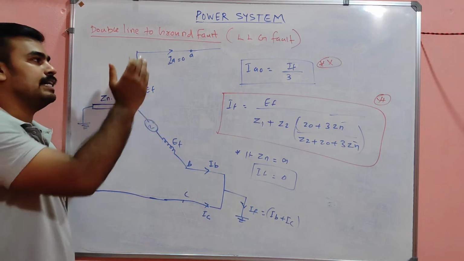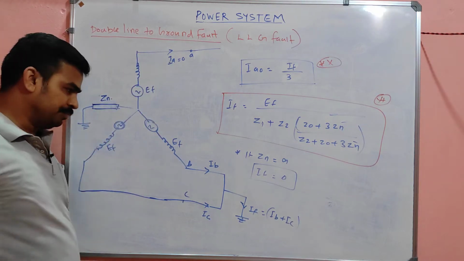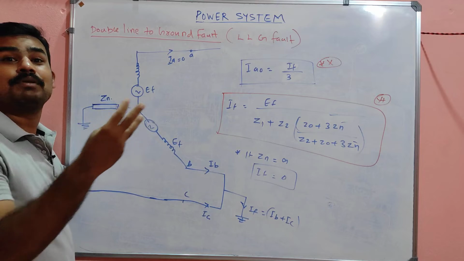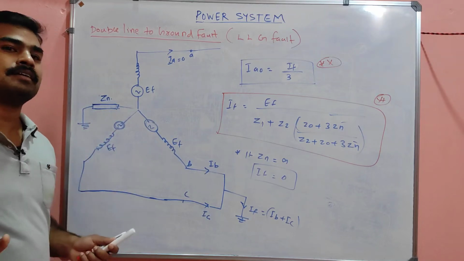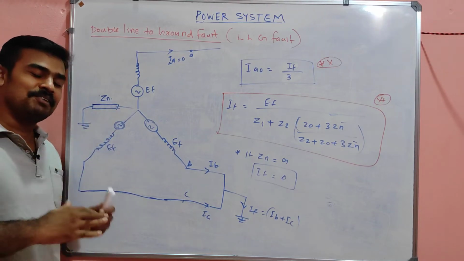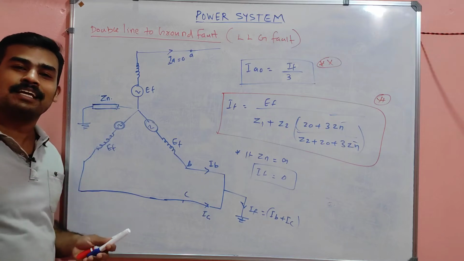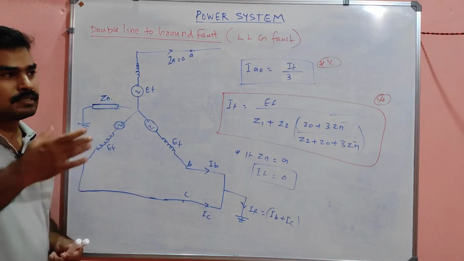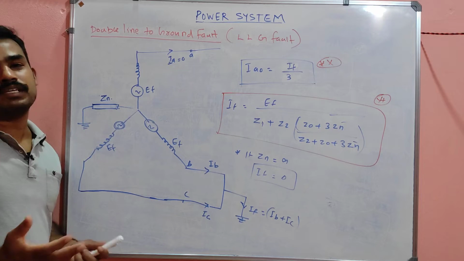Before fault, IA equal to IB equal to IC equal to 0, and VA, VB, VC are all balanced because they are 120 degrees out of phase with each other.